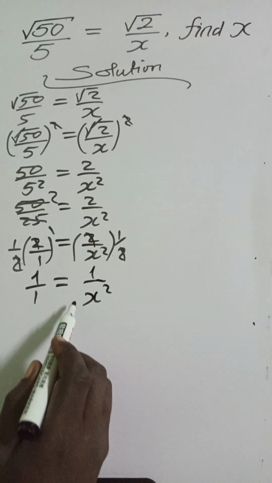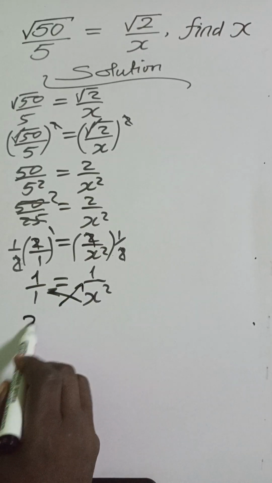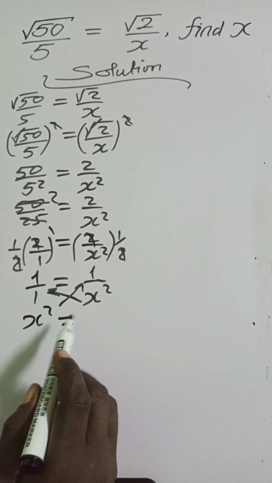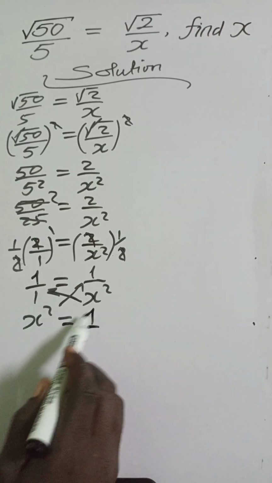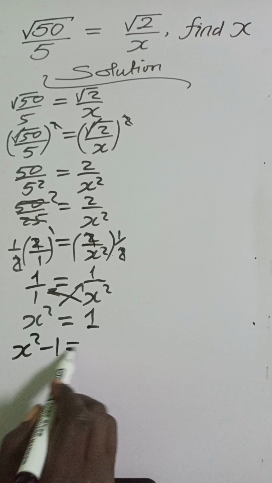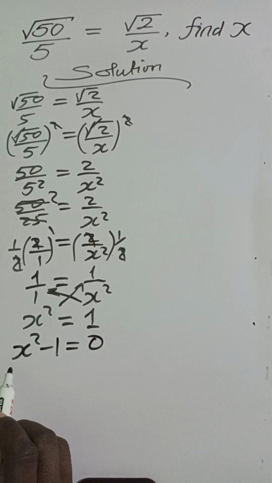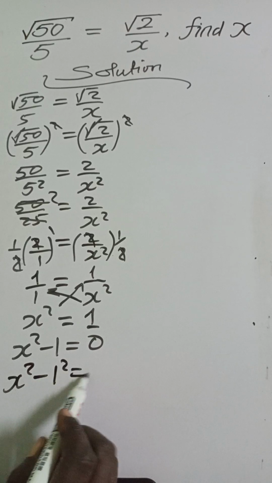All right, so from here, if we carry out cross multiplication, we're going to have x squared is equal to 1. If we take the 1 from the right hand side to the left hand side, we obtain x squared minus 1 is equal to 0, which is a quadratic equation. So we expect to have two solutions. Looking at the left hand side, we can see that it's a difference of two squares because 1 can also be written as 1 squared.